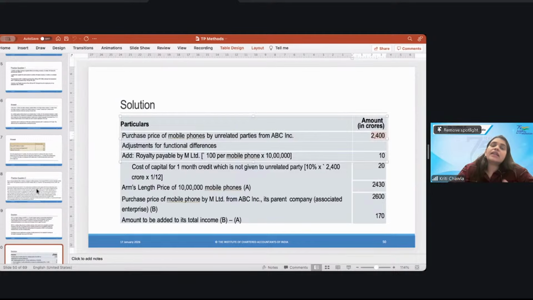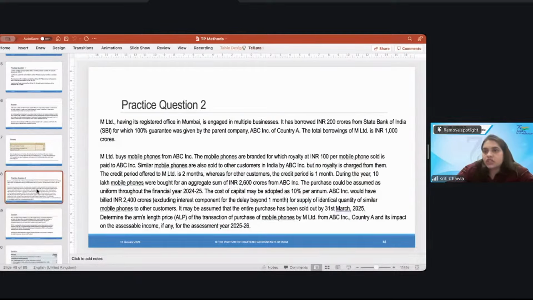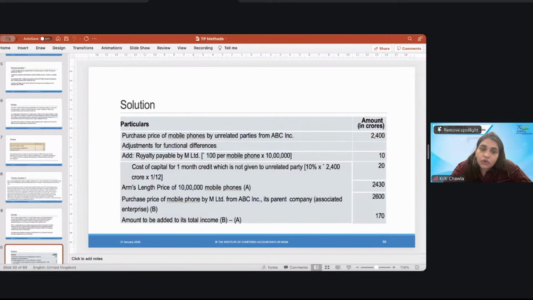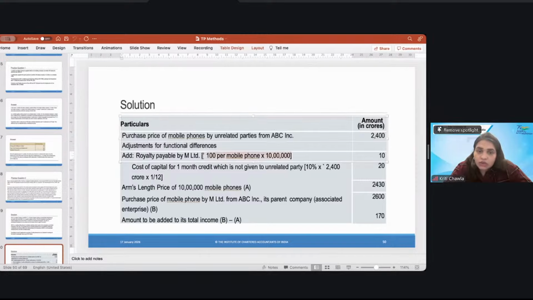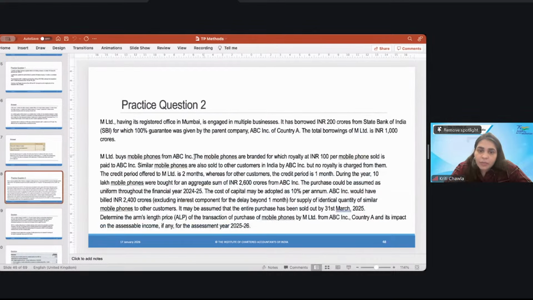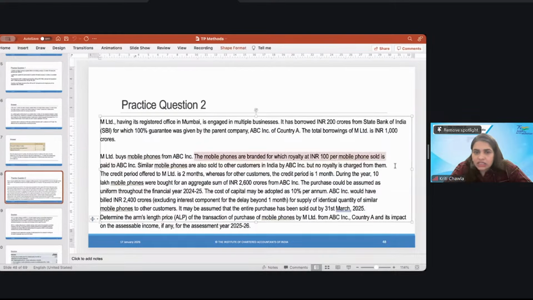Because there are differences between an unrelated party situation and a related party situation, the first adjustment that I can see right here is for royalty. Now, the royalty payable by M Limited: the mobile phones are branded, for which royalty of 100 INR per mobile phone sold is paid to ABC Incorporation.